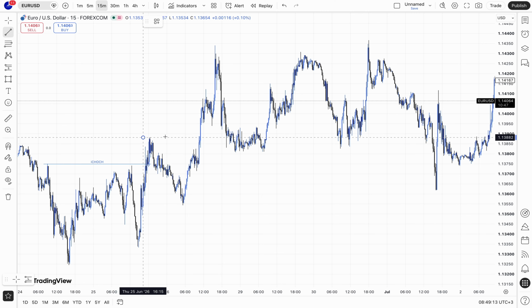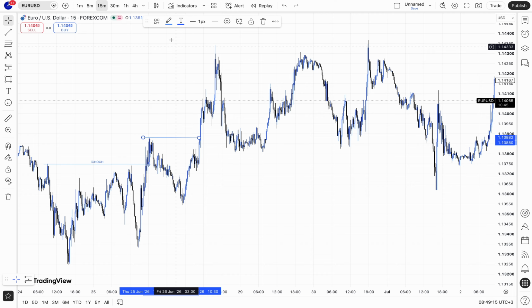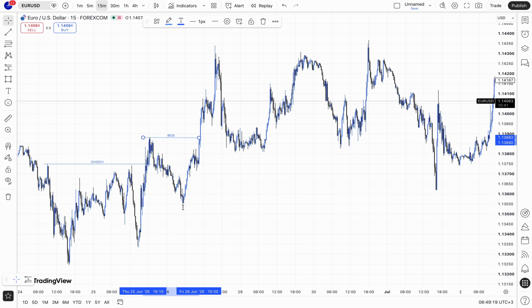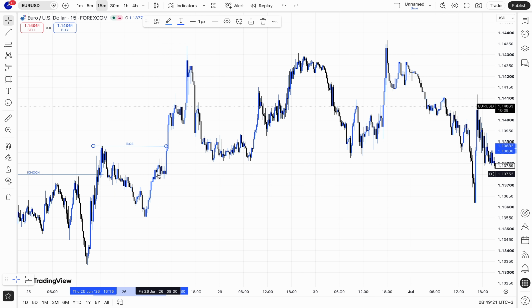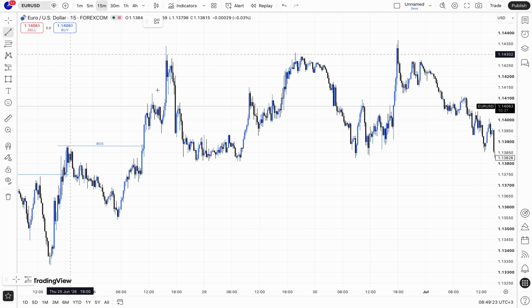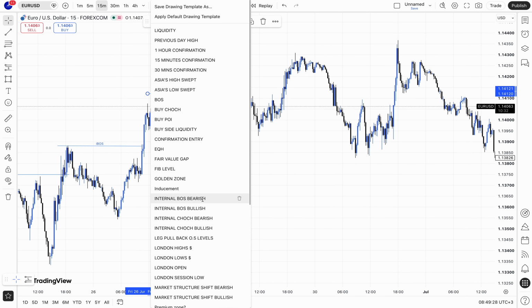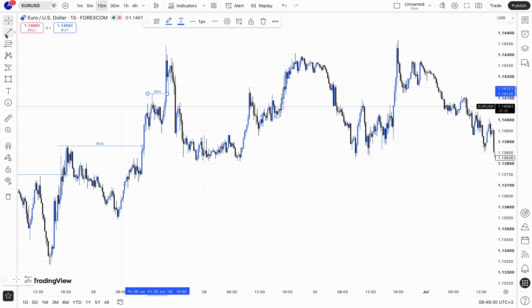Then we had a breakout structure to the upside. Then from here, we had our continuation breakout structure to the upside, though later on we had our change of character to the downside just from here.